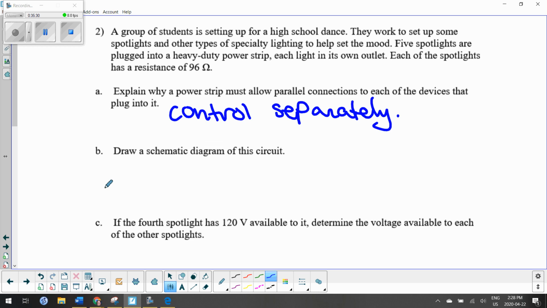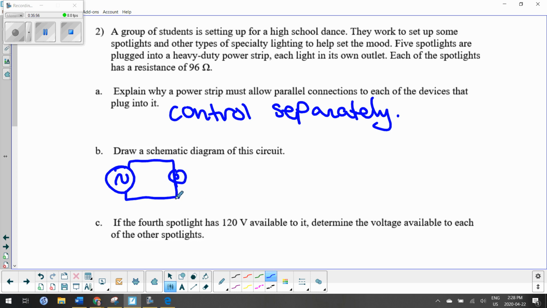So, draw a schematic diagram. Okay, plugged into the wall. Now, each light bulb is going to have its own path. So, here is one path.